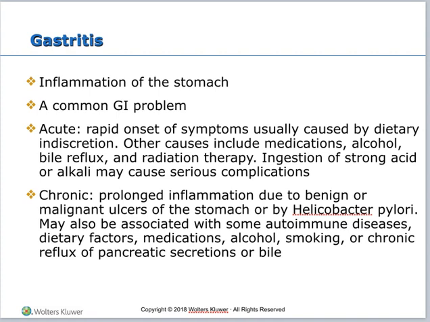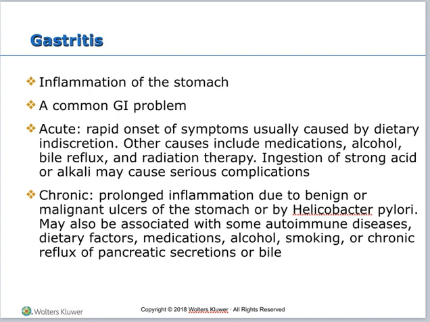If there's an atrophy issue, many times that could be due to a stomach surgery, like a stomach resection. It could be related to pernicious anemia or even H. pylori infection.